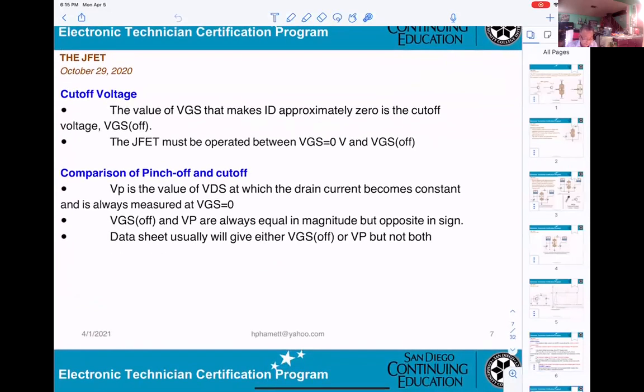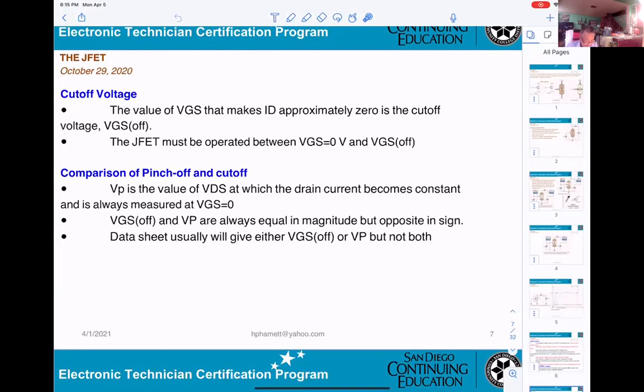Cutoff voltage: the value of VGS that makes ID approximately 0 they call the cutoff voltage, VGS off. Okay, the question is what is VGS off? That means at VGS off, ID is approximately 0 ampere. The JFET must be operated between VGS equal 0 and VGS off.